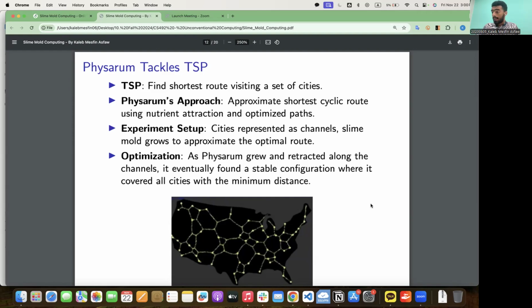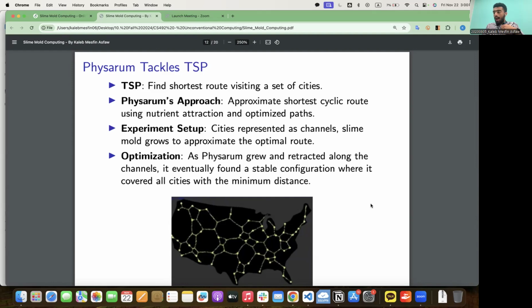So in the traveling salesman problem, cities were represented as channels in star-shaped graphs with cities radiating from the central chunk, as you can see from the map of the US, with all the states presented as nodes here. The graph consists of 64 channels, with each channel representing a different configuration of city visits.